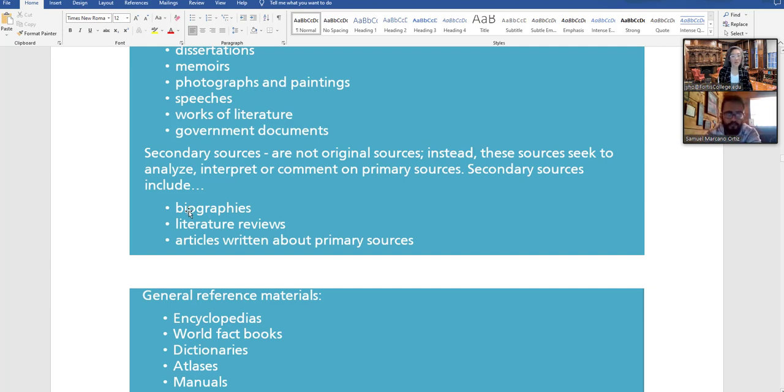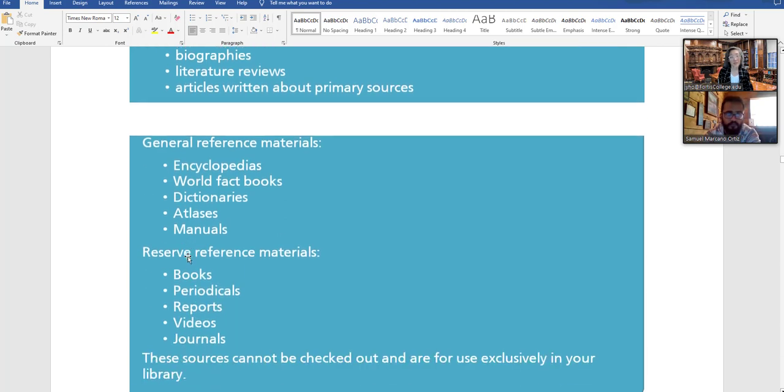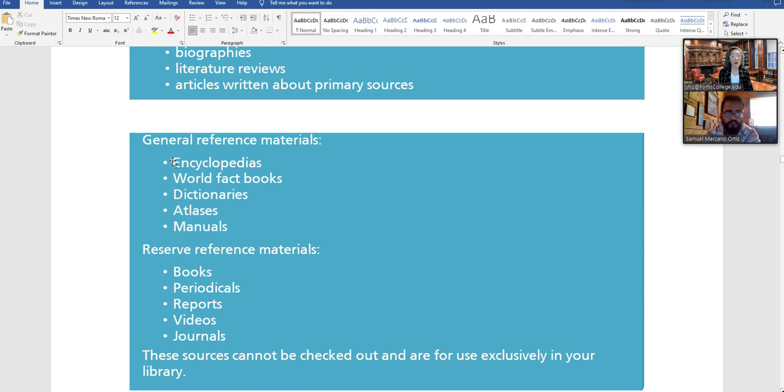So here are secondary sources like biographies, literature reviews, and articles written about primary sources. And then encyclopedias are also reliable sources, not Wikipedia, but encyclopedias. So encyclopedias, world fact books, dictionaries, atlases, and manuals. This was what people looked at before they had the internet.